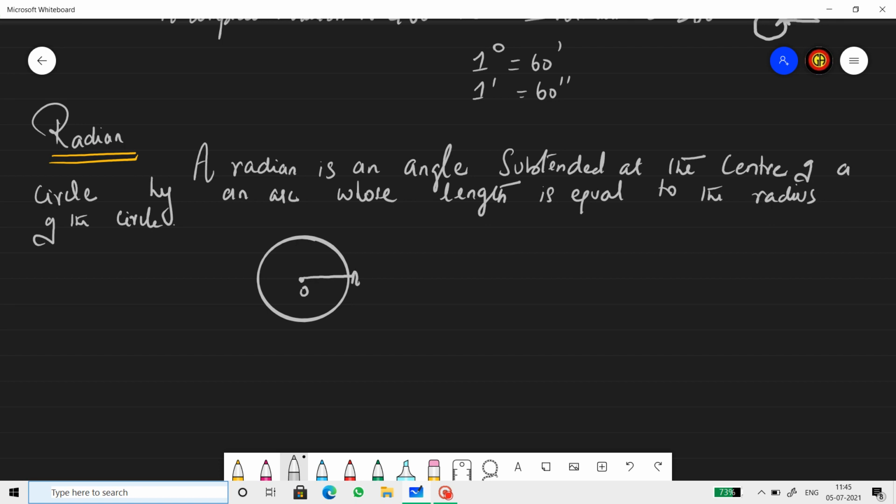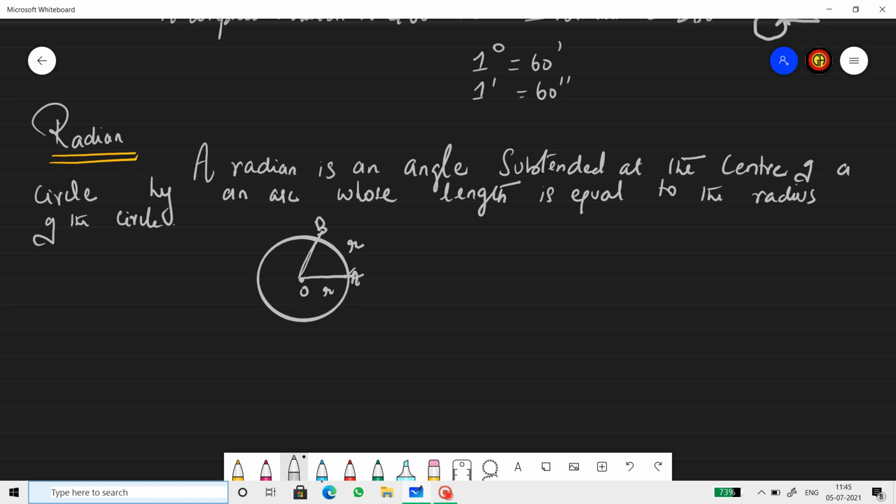Let OA be the radius. Now let's assume arc AB is also of length r, and I'm going to join O to this point. So, let's assume this is B.